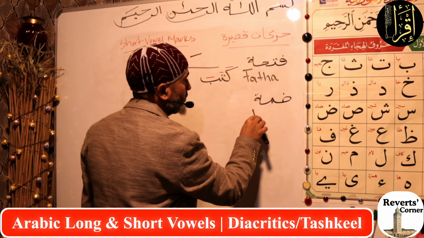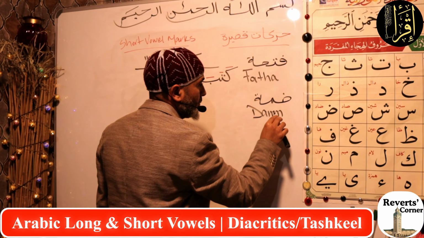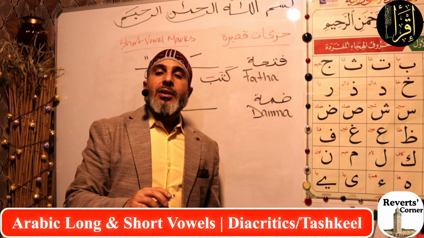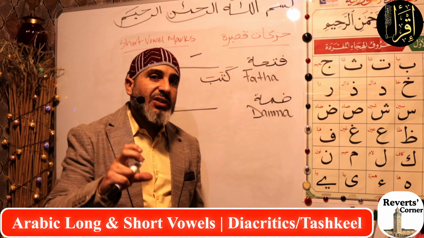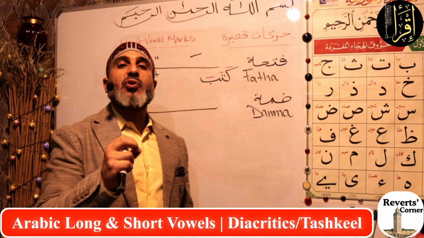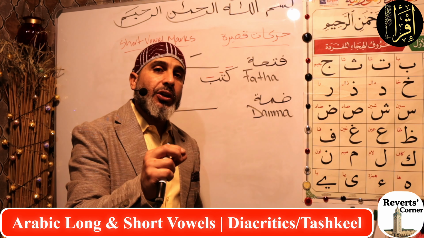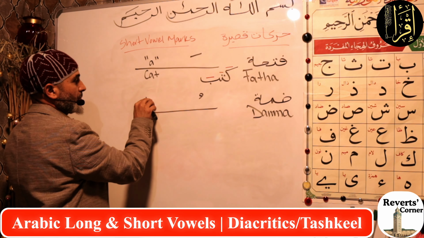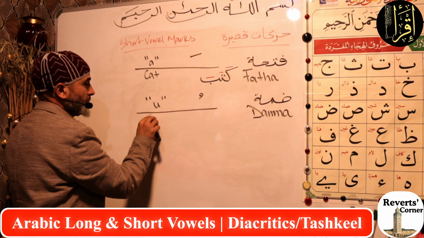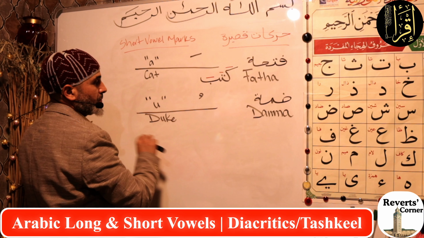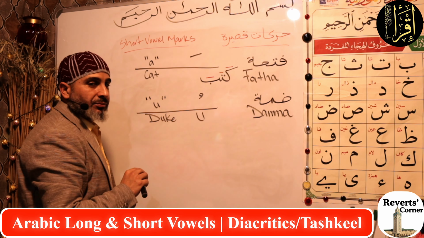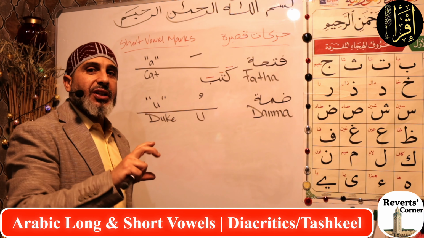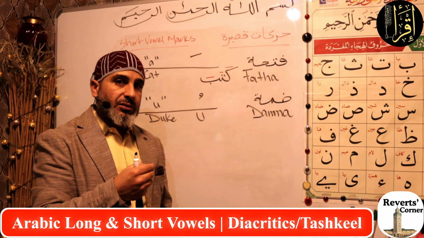Damma is a small curl-like diacritic placed above a letter to represent a short U, as in Duke, or a shorter U. It's an apostrophe-like shape written above the consonant which precedes it in pronunciation.